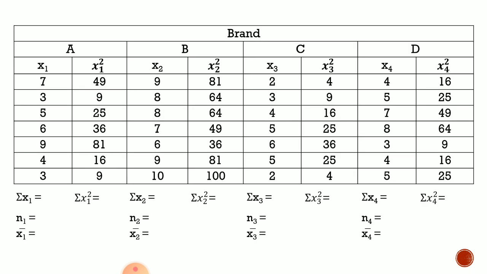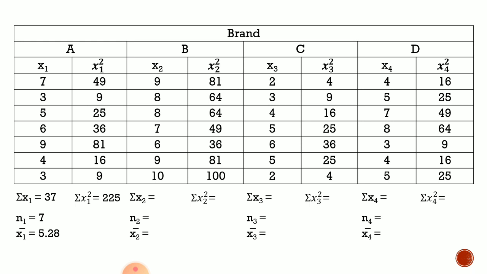Next is to get the summation of x and the mean of the groups. First, let us have brand A. The summation of x sub 1 is 37. That is the sum of all the data under x sub 1: 7 plus 3 plus 5 plus 6 plus 9 plus 4 plus 3.